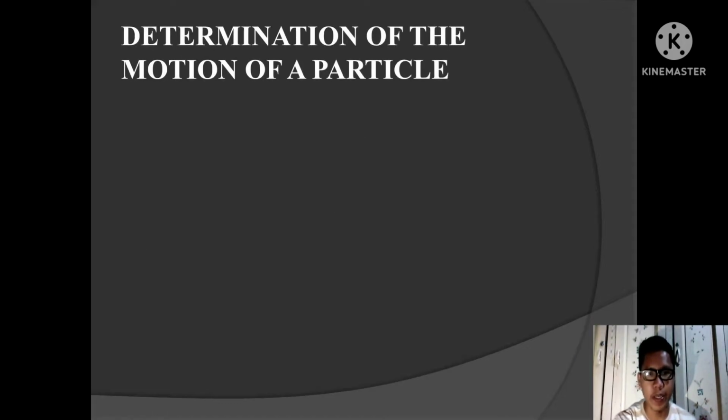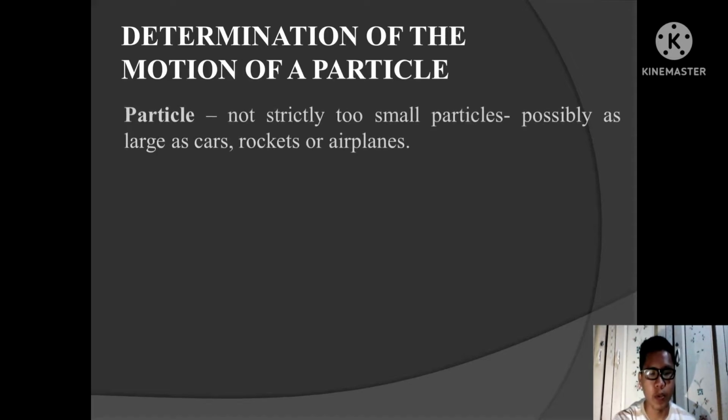So the next one is the determination of the motion of a particle. So this is about gaining an understanding of the motion of a particle. But before that, we must define what a particle is. A particle is not strictly two small particles, possibly as large as cars, rockets, or airplanes.